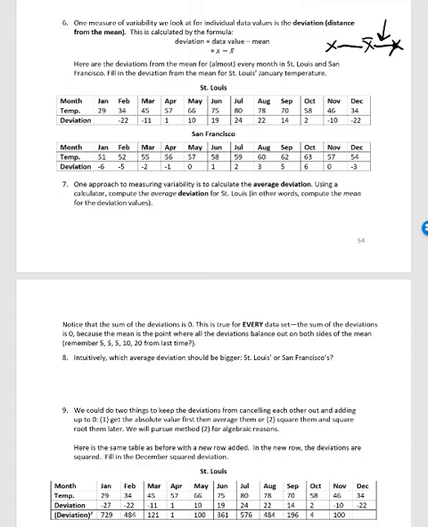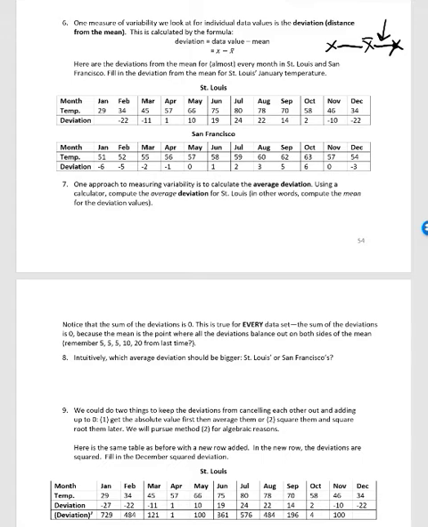So here I've split the tables into two for each city. And then I've also added a second row to each table showing the deviations for each month. So the deviations are calculated using the formula that's shown here. So deviation is equal to the data value minus the mean.